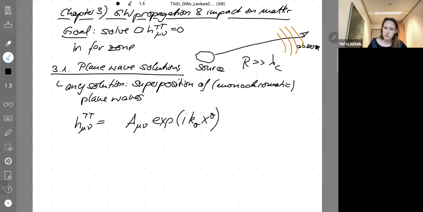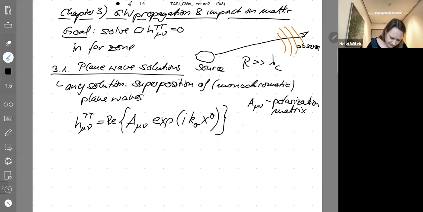In the end, we take the real part thereof. I will work mostly with the full complex solution and then take the real part in the end. In the ansatz that I wrote down, A mu nu is the amplitude or polarization matrix, and k mu is our 4-wave vector.